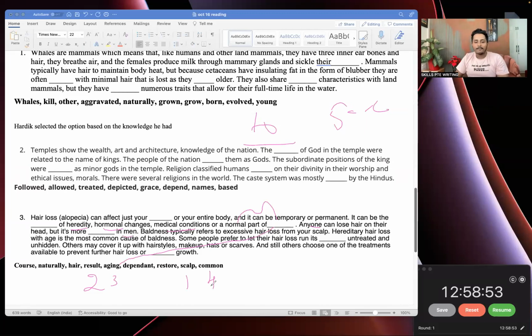Continue. Baldness typically refers to excessive hair loss from your scalp. How many of you went wrong in the fourth one? I just need the names. What was your answer?